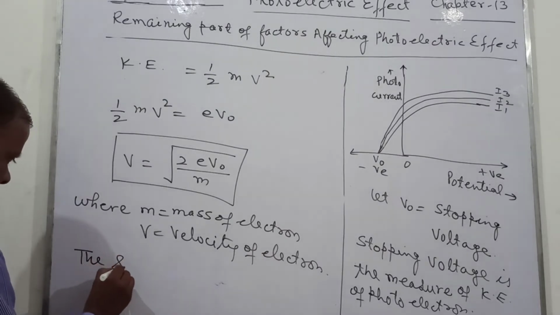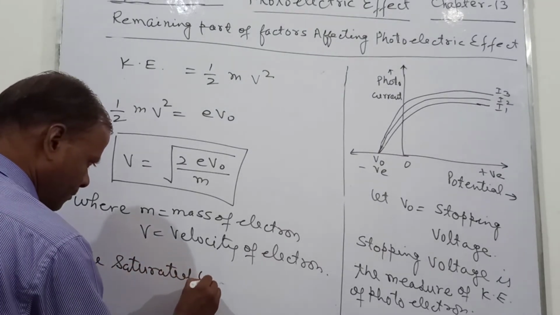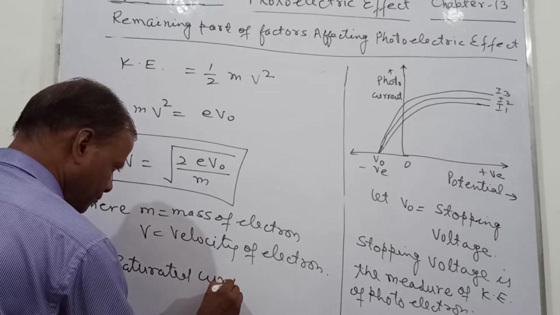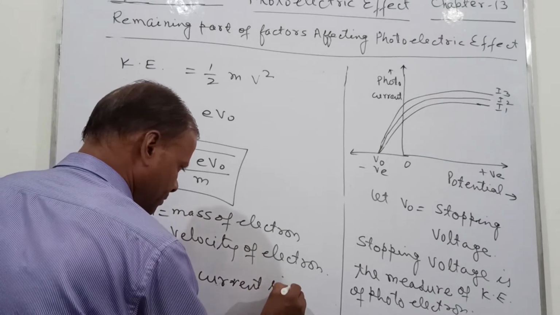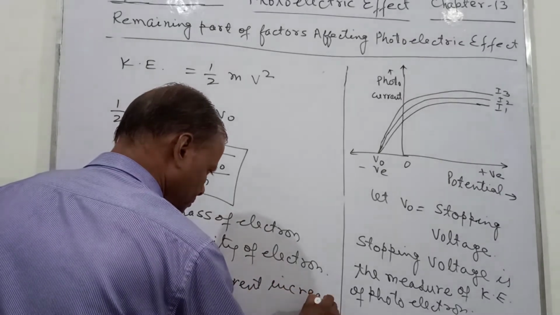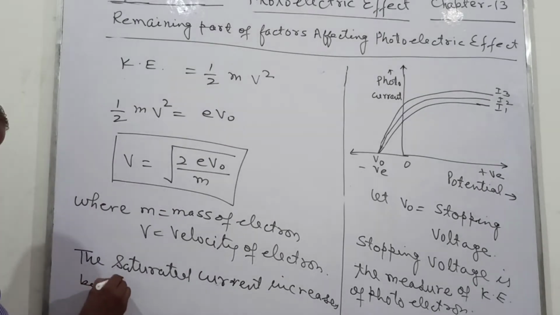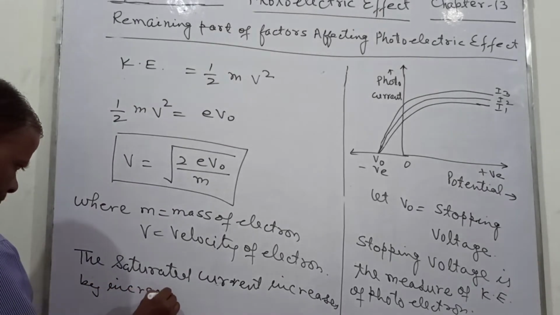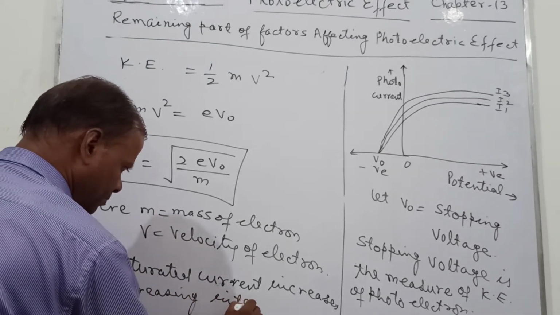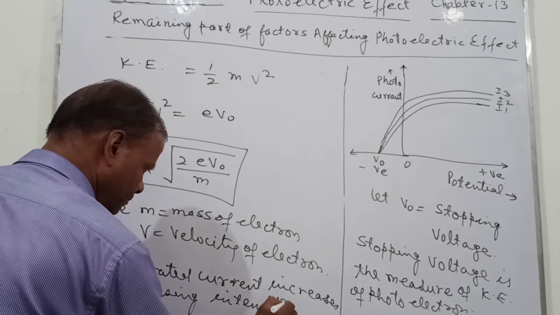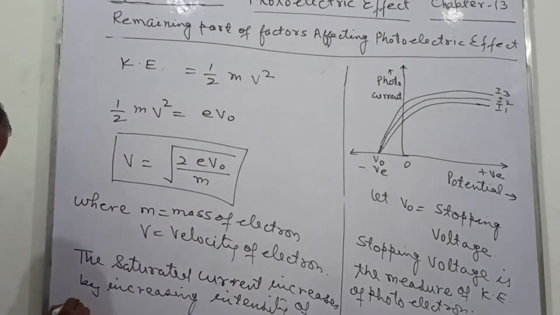The saturated current increases by increasing the intensity of radiation.